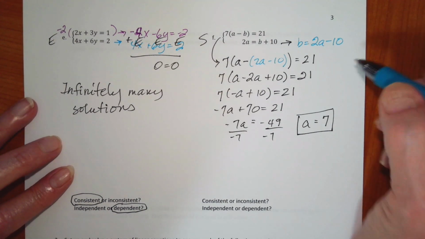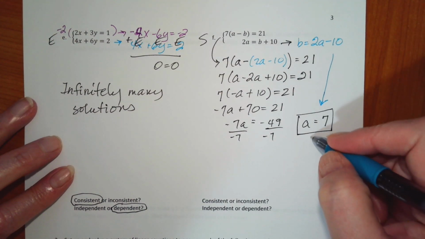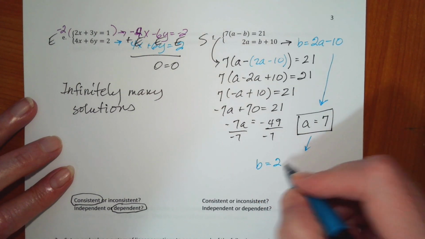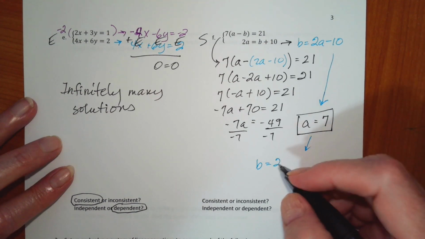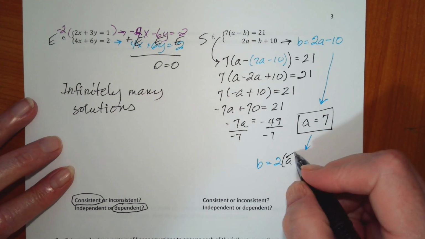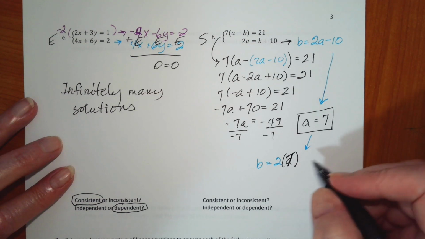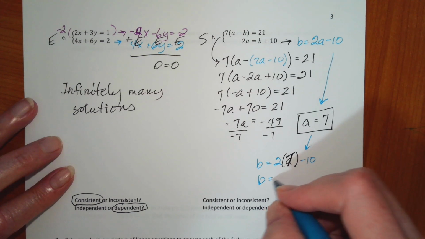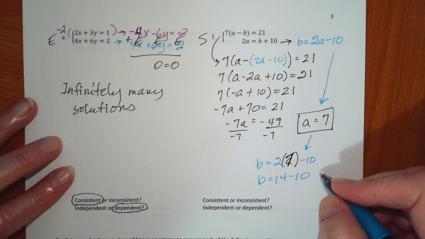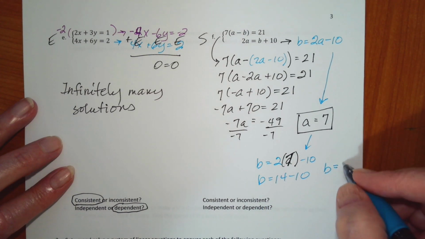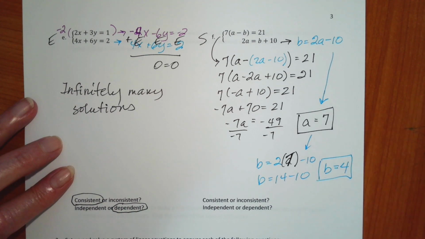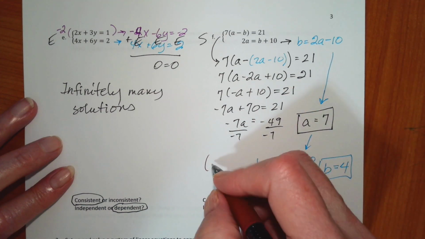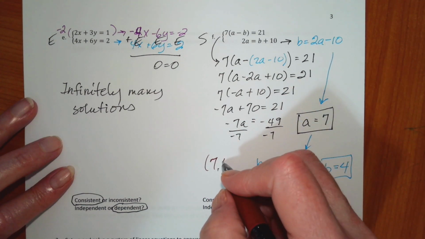Okay, well now I can combine this, and b is equal to 2 times a, which is, I keep doing that, times 7 minus 10. So b is 14 minus 10, which tells me that b is 4. So my solution as an ordered pair is 7, 4.